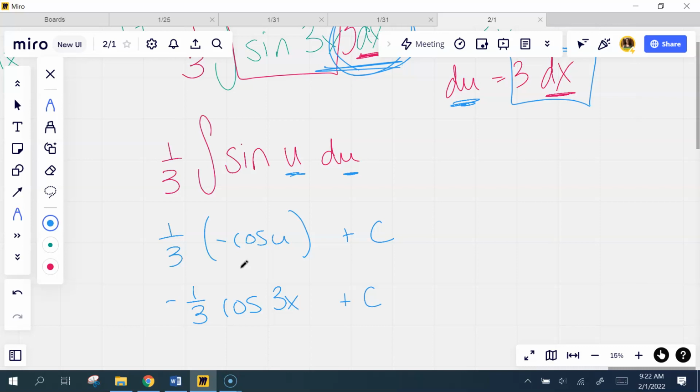Don't forget that c. They'll take points off for forgetting the c. When you take the antiderivative, you remove the integral sign. You only plug back in the u, not the du.